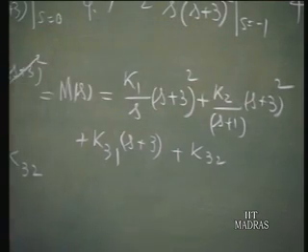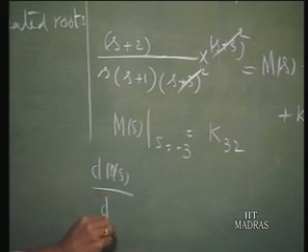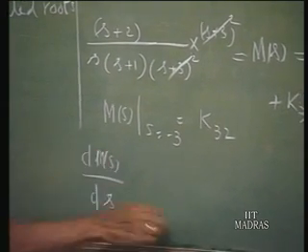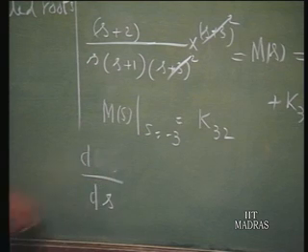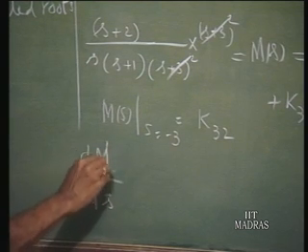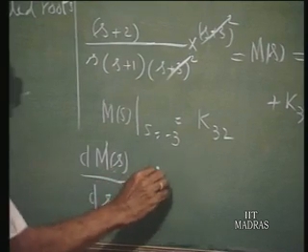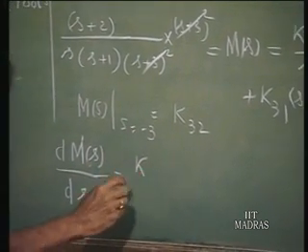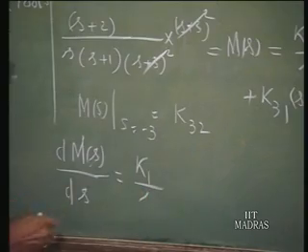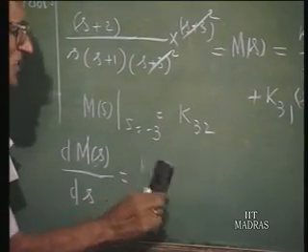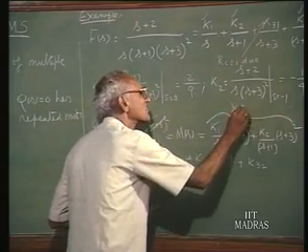Therefore we take the derivative of m of s with respect to s, equals k1, I'll simply put, suppose I call this as x of s.